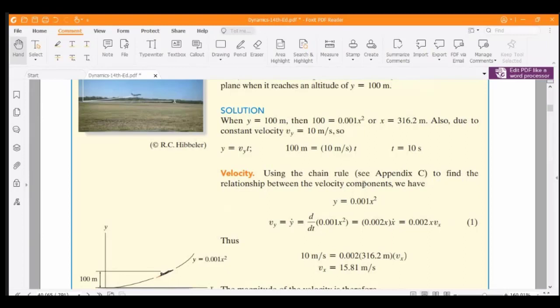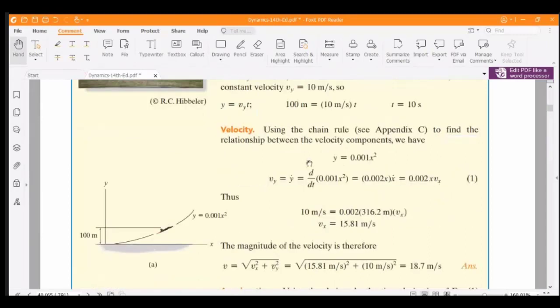To find the relationship between the velocity components, we have y equals this. This is given. So y dot, meaning instead of x, now we will be deriving y with respect to time. So dy by dt, y dot, equals d by dt of 0.001 x squared.